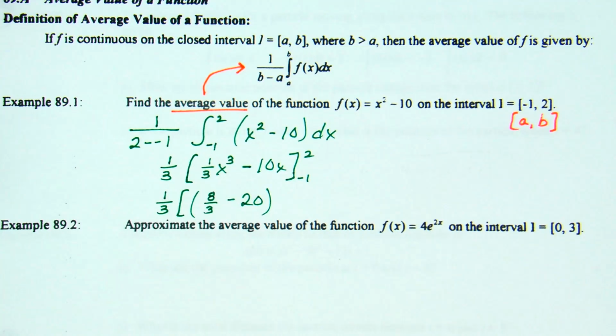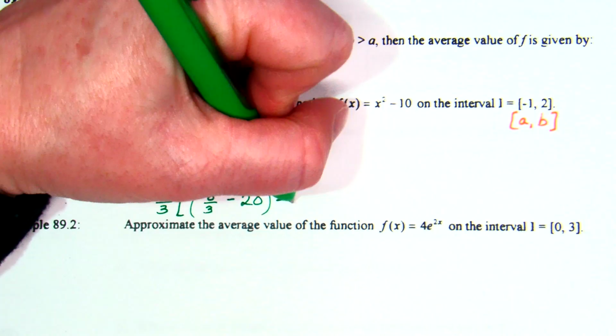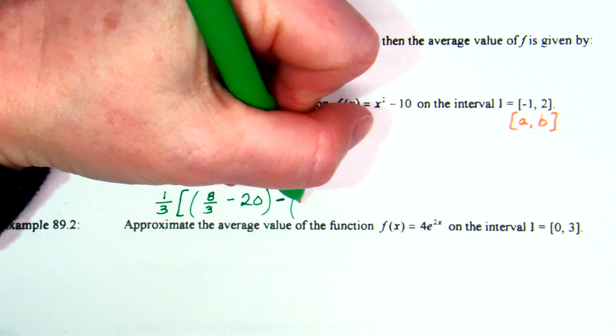What do we have here? 8/3 minus 20 in that first parentheses. Then we are subtracting. In the next parenthesis, I'm plugging in -1, which is -1/3 plus 10.